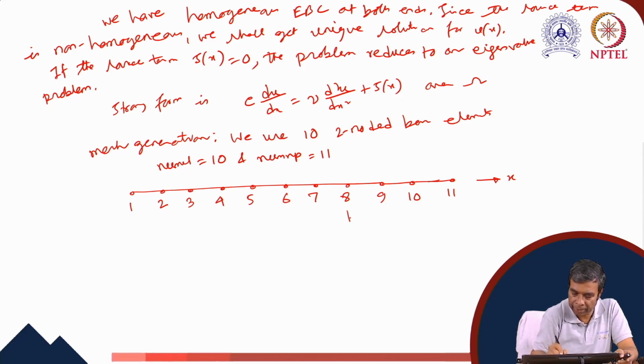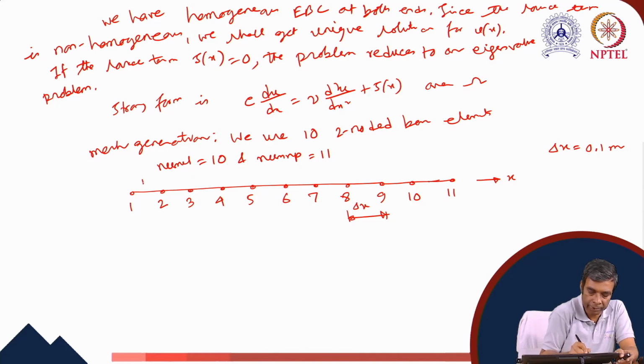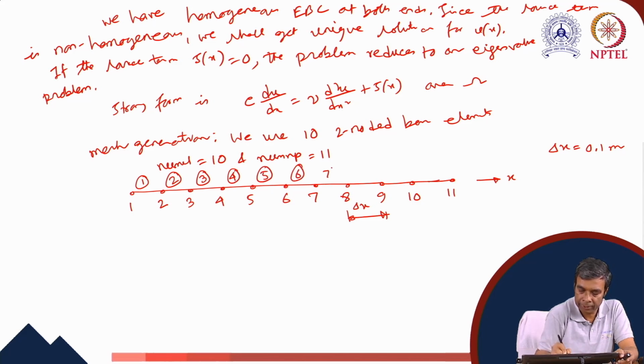This is our mesh size, so this is delta x. Delta x equals to 0.1 meter. This is our element 1, element 2, element 3, element 4, element 5, element 6, element 7, element 8, element 9, and finally element 10.